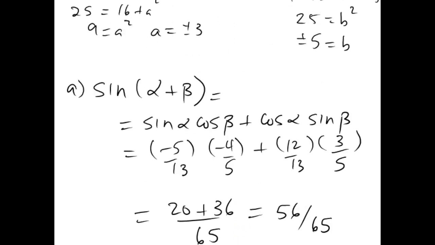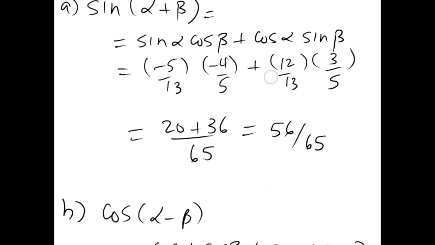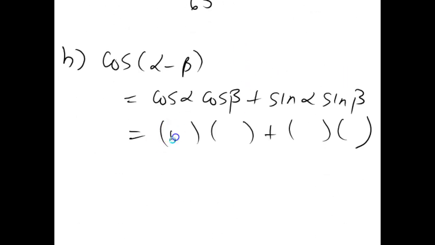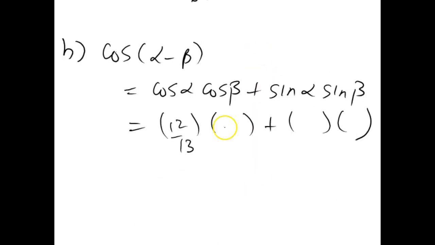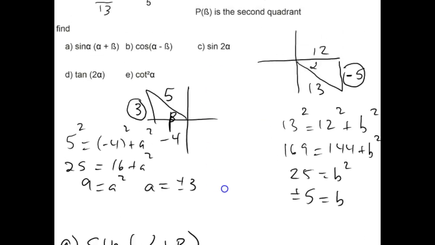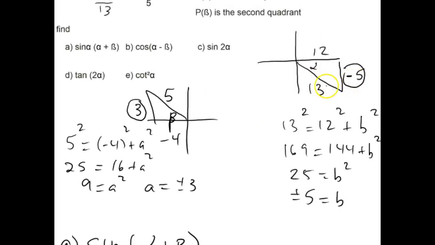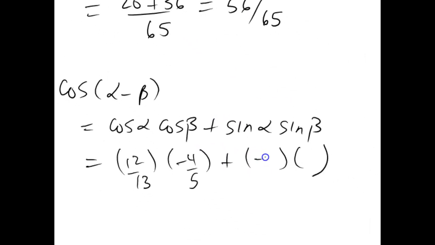So cosine alpha, you scroll all the way back up through our diagrams. Cosine alpha is adjacent over hypotenuse, so that becomes 12 over 13. Cosine beta, adjacent over hypotenuse. And believe it or not, these were the two ones that were given to you in the beginning. Sine alpha, scroll up, sine alpha will be -5 over 13.